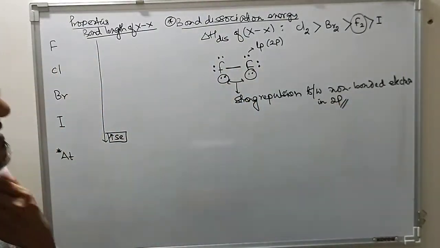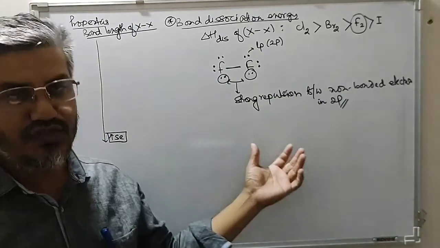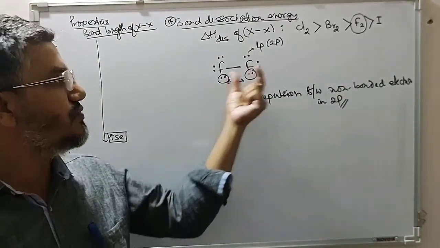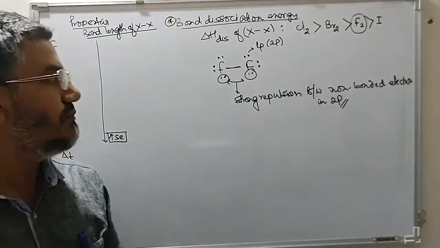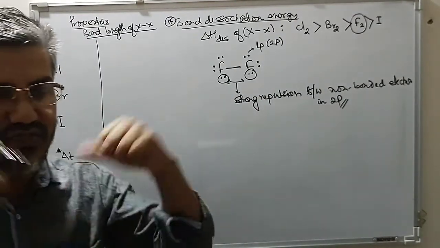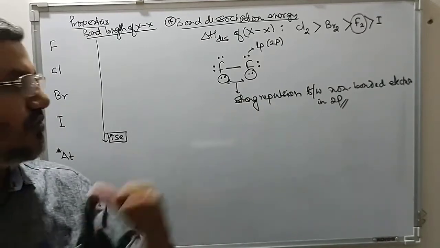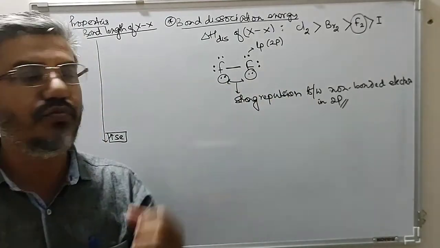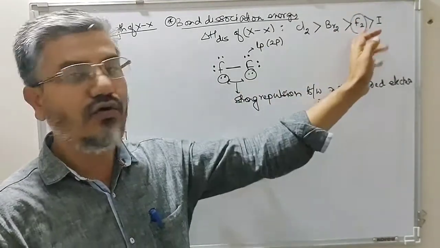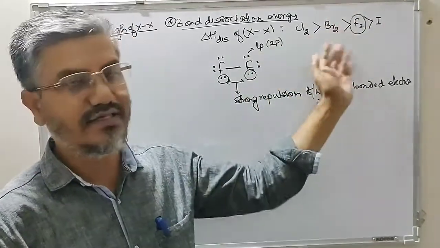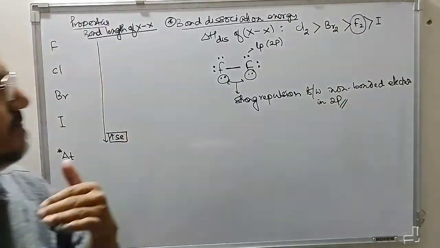So since the size of fluorine being the smallest, the distance between the lone pairs is the closest, so repulsion is the maximum. So because of this strong or maximum repulsion between non-bonded electrons present in 2p orbital, the bond dissociation energy of fluorine is less than that of bromine.